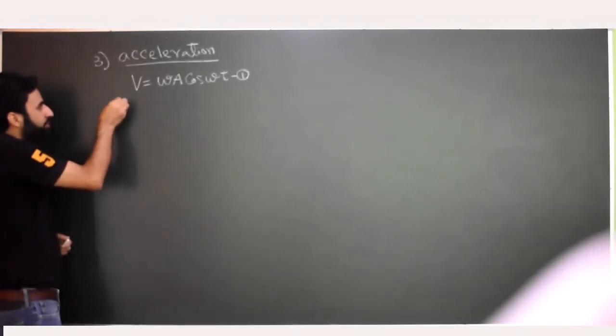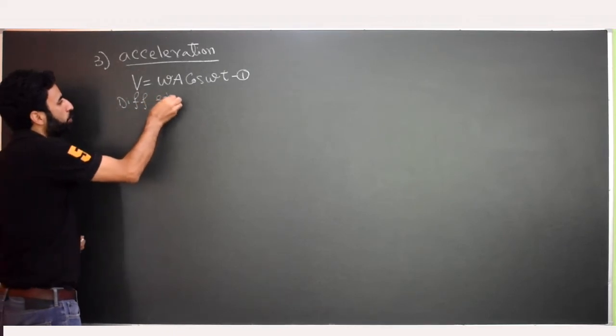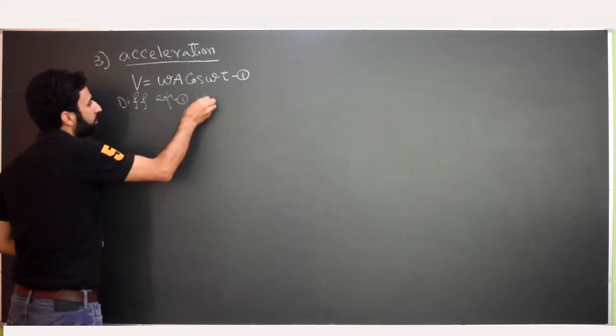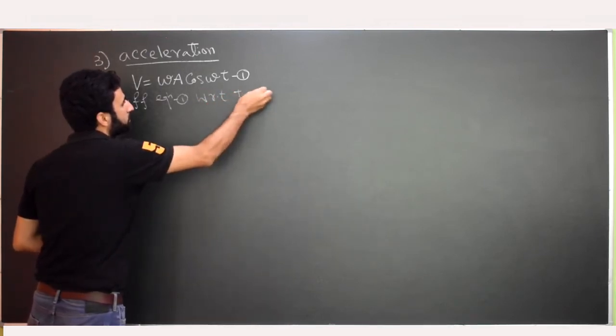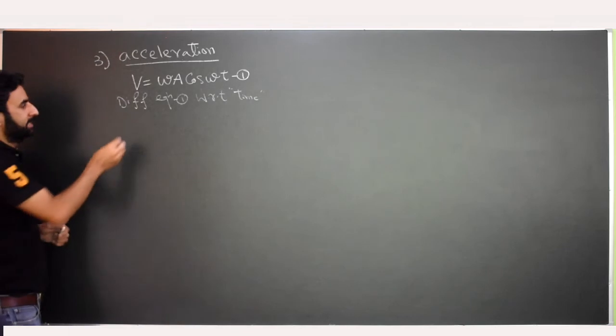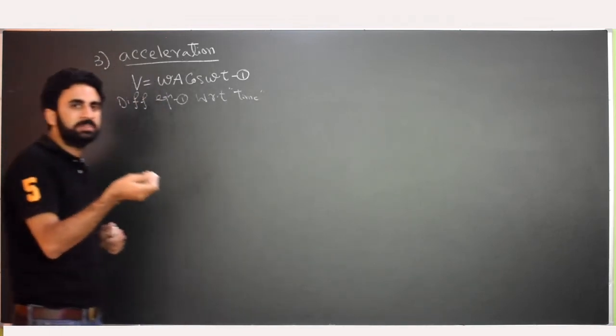Now if we differentiate equation 1 with respect to time, we know that differentiating velocity with respect to time gives us acceleration.